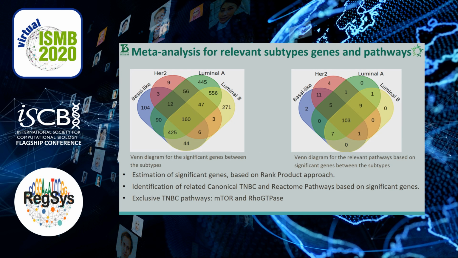After that, we carried out the meta-analysis for all the samples for the identification of significant genes and pathways based on the rank product approach. For the significant genes, we crossed them with the canonical TNBC pathways and the Reactome pathways, and we show here in the Venn diagram on the left the significant genes for each subtype, and we can see the exclusive and common genes between them.